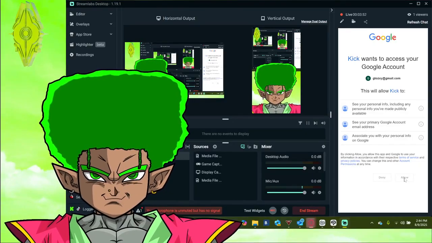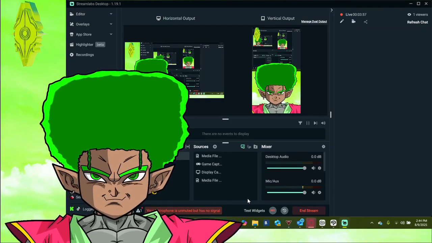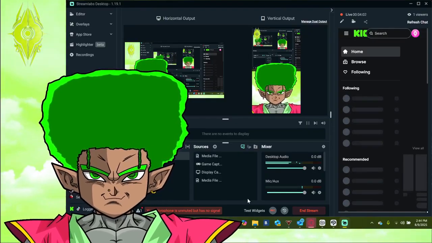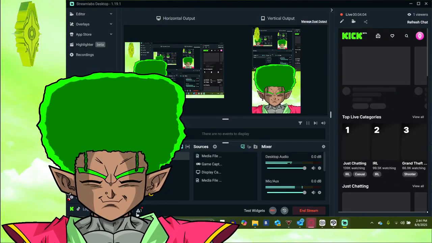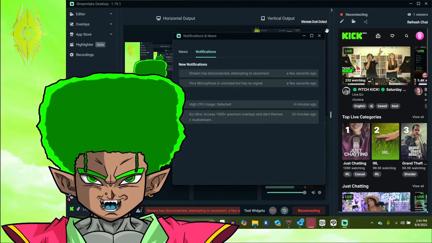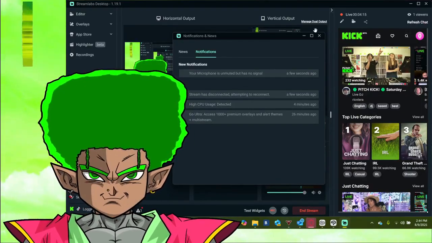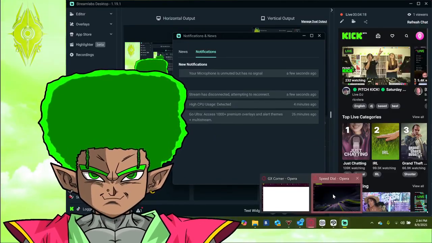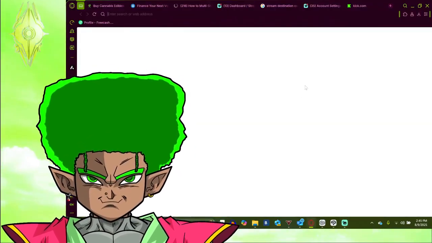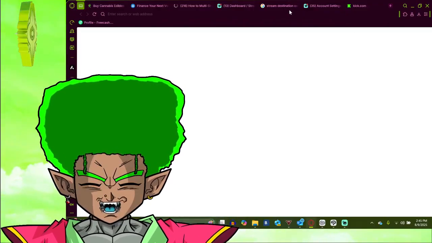Allow. Microphone is unmuted but has no signal. What does it mean by that? That's weird. Unmuted but has no signal. Okay, stream disconnected. Then it's reconnect. Oh, it's just the theme playing from the browser.